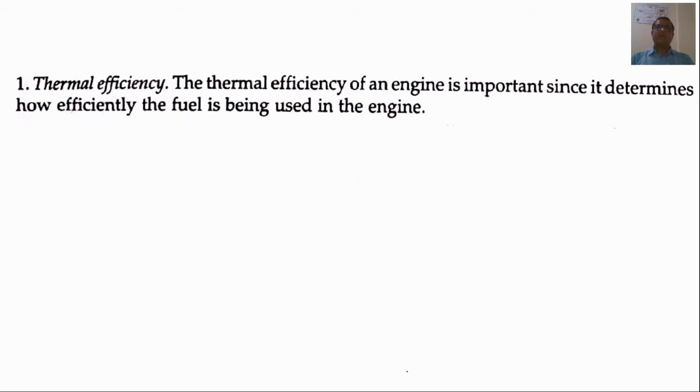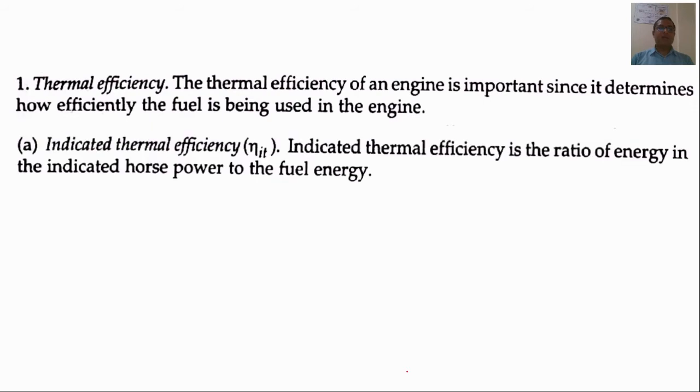So thermal efficiency determines how efficiently the fuel is being used in the engine. If thermal efficiency is calculated by considering indicated power, then it is known as indicated thermal efficiency, represented by eta IT. Indicated thermal efficiency is the ratio of energy in the indicated horsepower to the fuel energy.